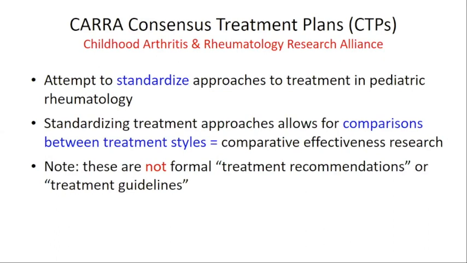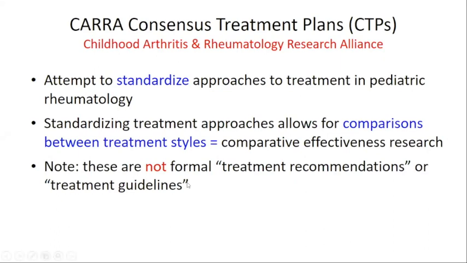The reason we came up with these plans is that many rheumatologists treated these conditions very differently, and we decided it would be a good idea to be able to compare various treatment styles. So we agreed upon 3 different pathways that physicians would feel comfortable using to treat kids with moderately severe dermatomyositis.